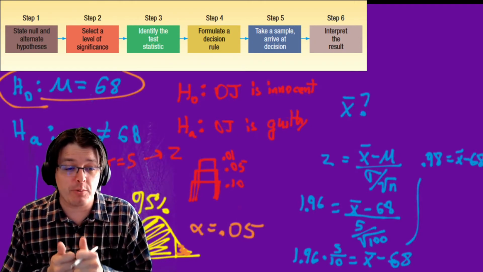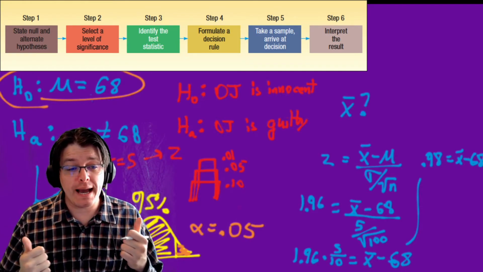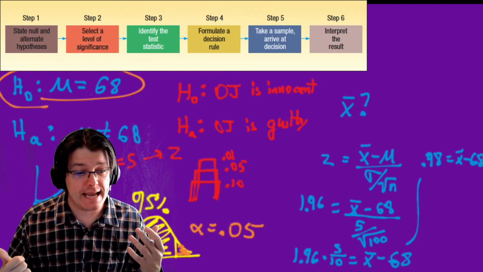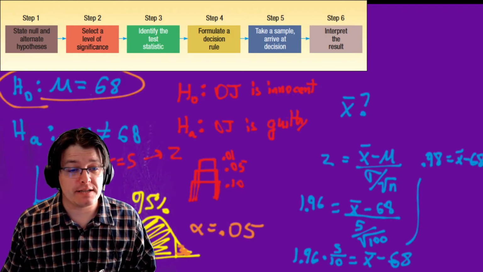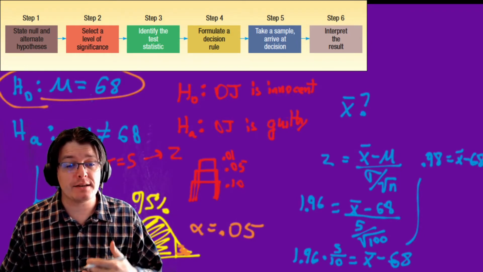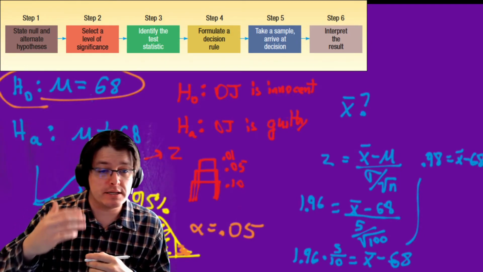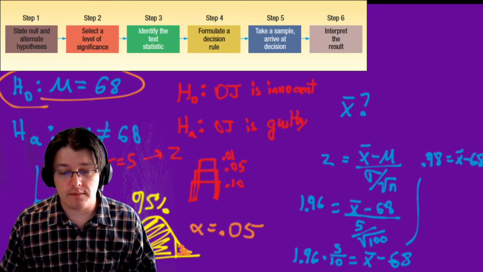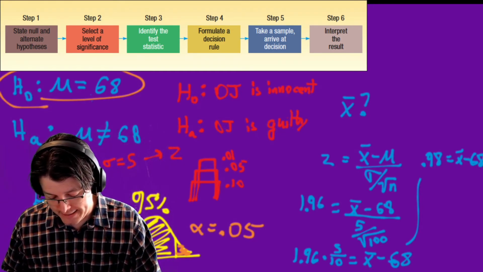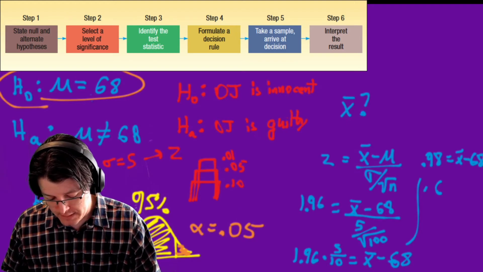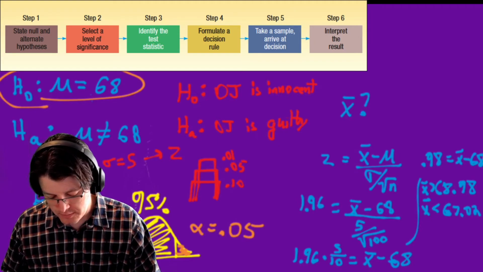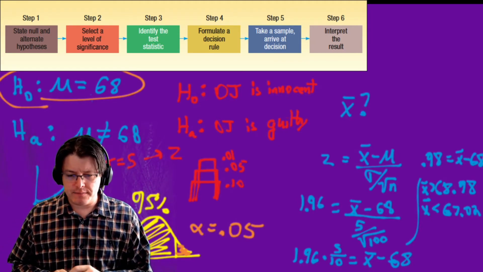Basically we're saying if we are 0.98 away from 68, that's enough evidence to say this sample mean suggests that the null is not right, and we're going to reject the null. So we could say if we get x bar greater than 68.98 or x bar less than 67.02, I'm just subtracting.